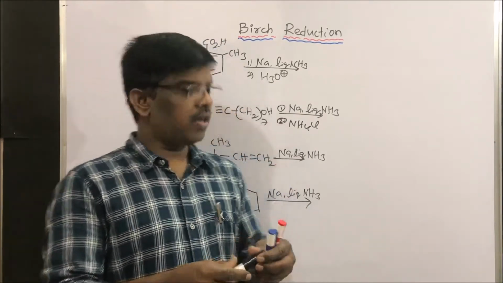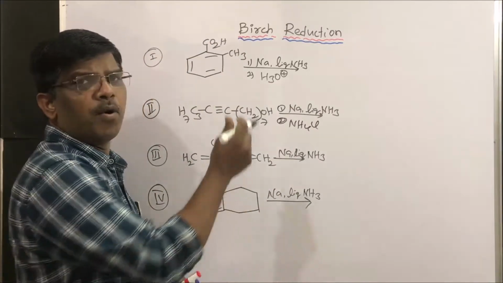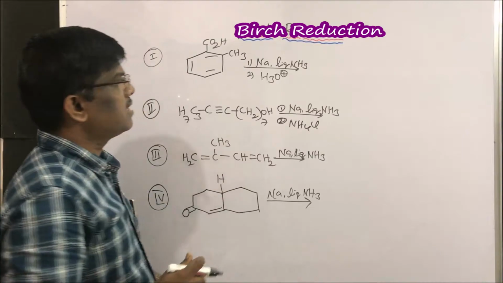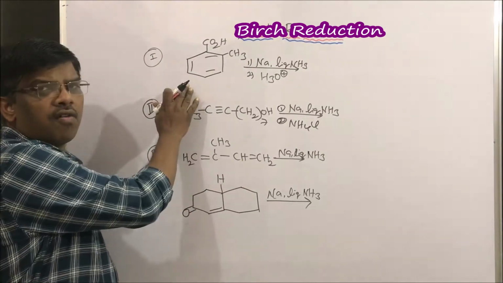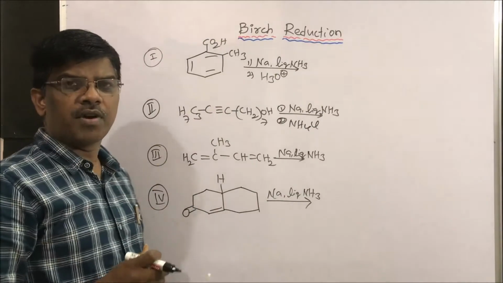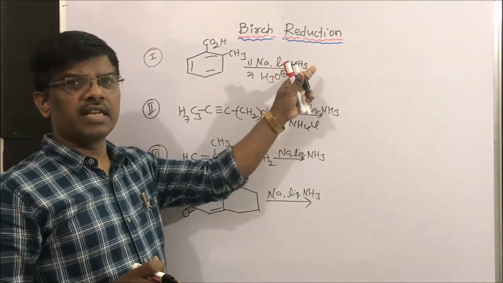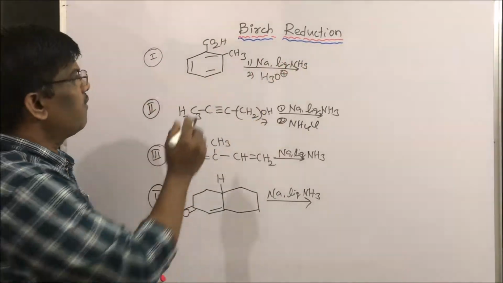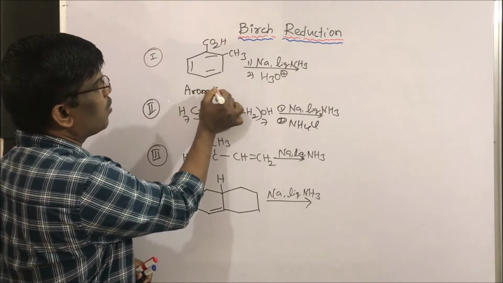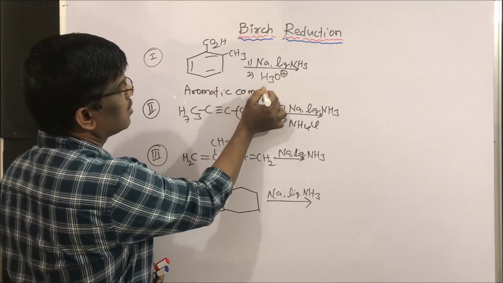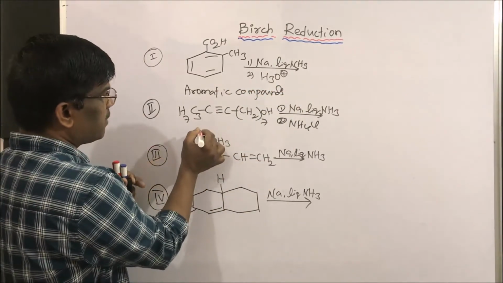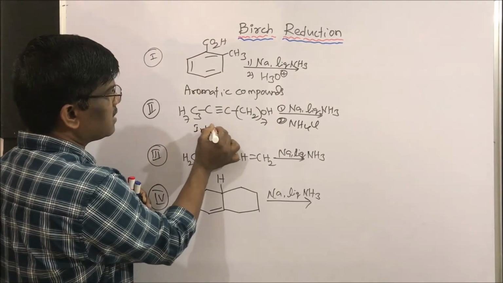Dear students, today we are going to learn a very important name reaction, that is Birch reduction. Birch reduction is of 4 types, meaning you can reduce 4 types of compounds using Birch reducing reagents. What are they? One is aromatic compounds. Another one is alkynes, especially internal alkynes.